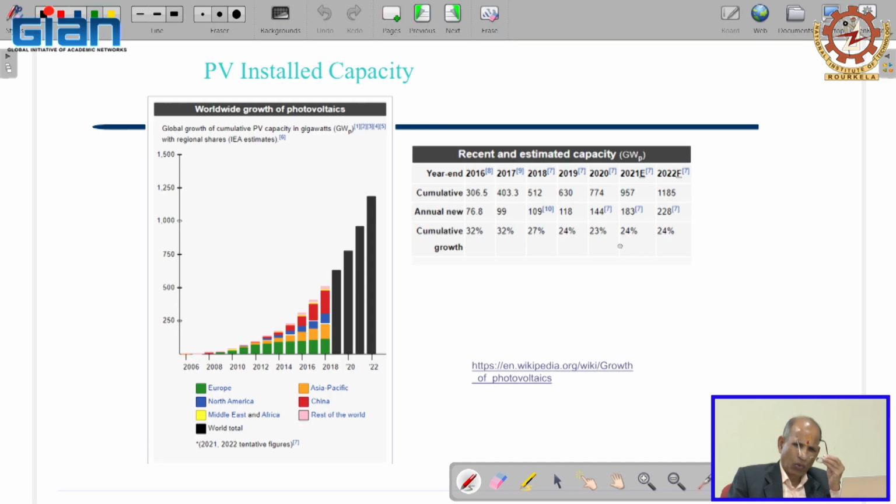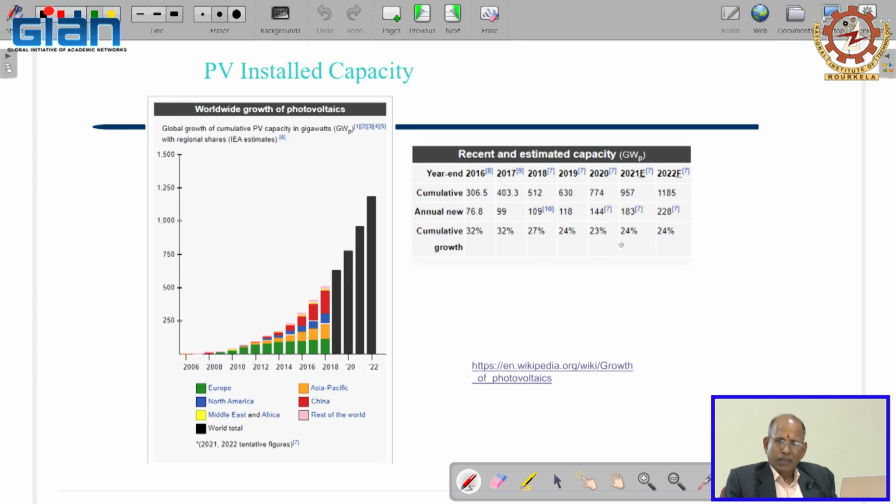If you take an average of 25%, then within a period of 4 years the installed capacity worldwide will just become double. In fact, as the cost comes down a little bit more, there will be even more significant capacity addition. So within a period of 3 years, the installed capacity can be doubled as well.